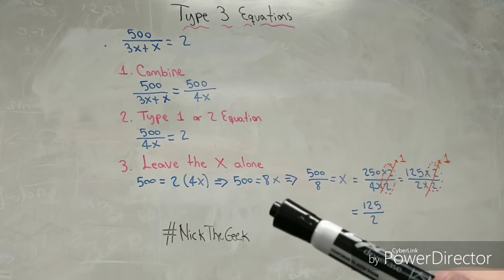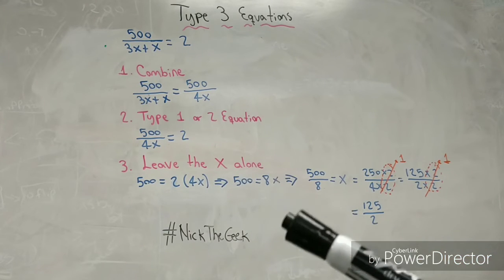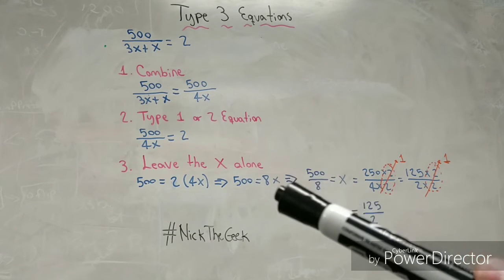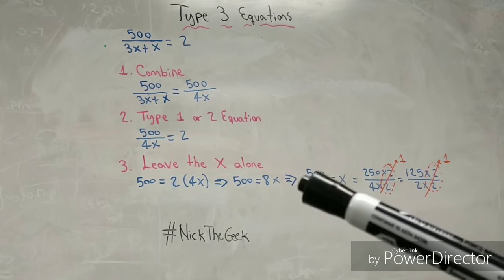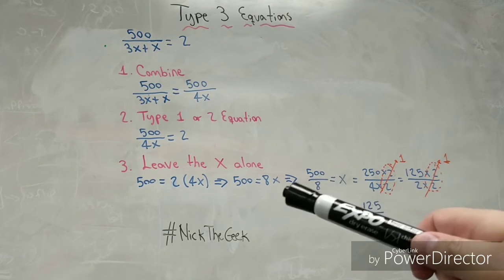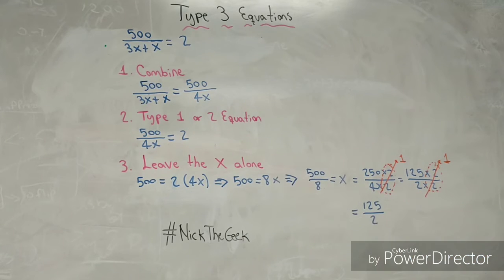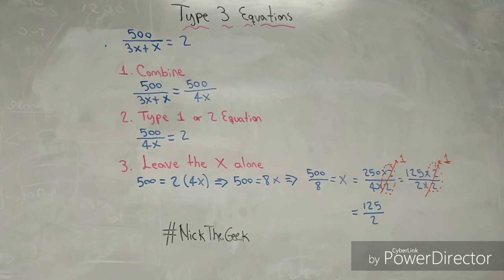So 500 would be equal to 8x, because 2 times 4 is 8. And now we need to leave this x alone. Now we can do it because the x is at the top right now. So how do we do that? We bring this 8 to the division part. So 500 divided by 8 equals x.